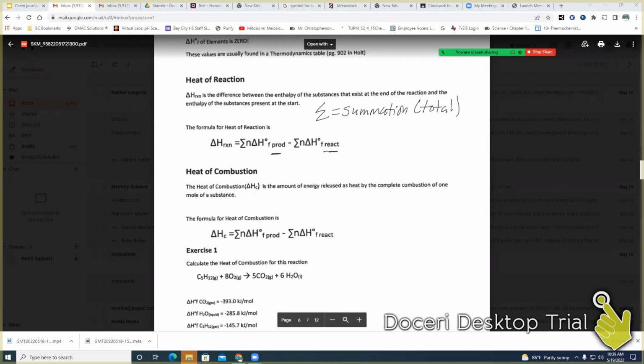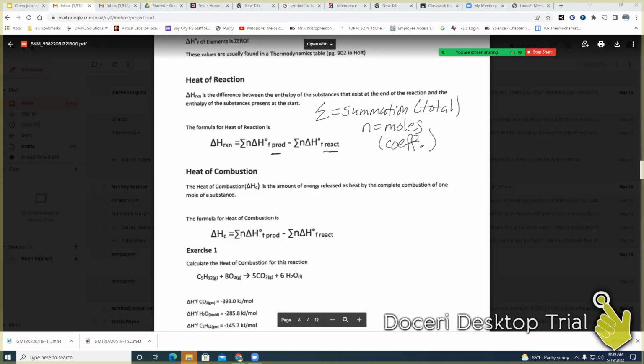All that sigma means is summation. So I'm totaling up all the values of the products, adding them together, and then subtracting the total amount of the reactants. n, like we've done before, stands for moles, and we'll be able to get that very easily by just looking at the coefficients.